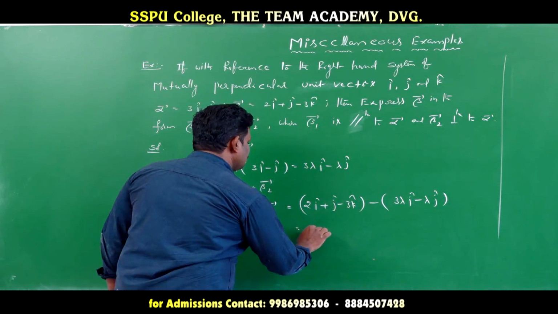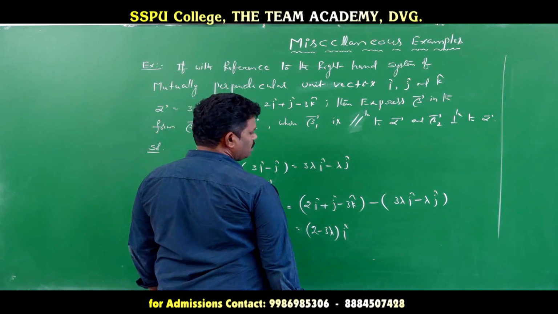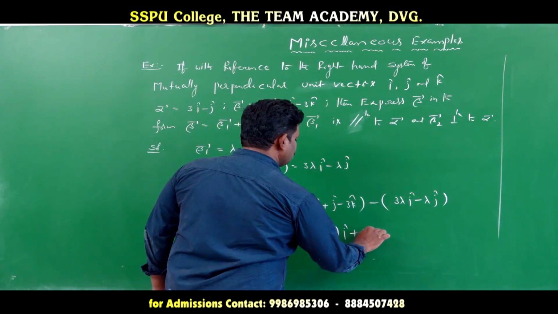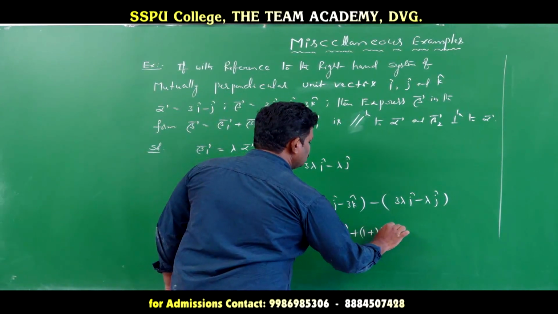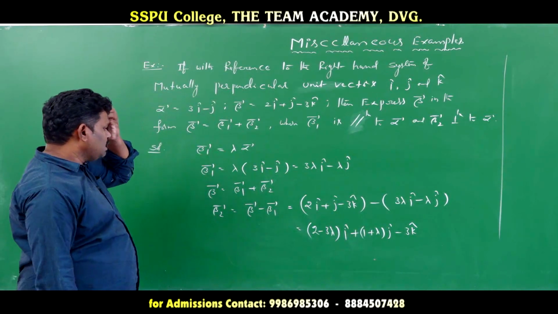So 2 minus 3 lambda into i cap. Minus into minus is plus, so the j component is 1 plus lambda into j cap, minus 3k cap.